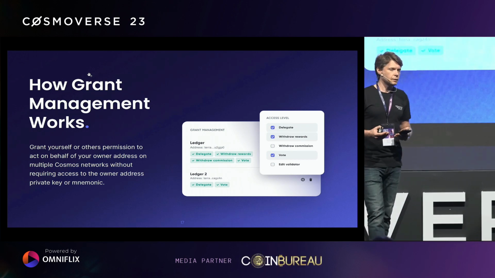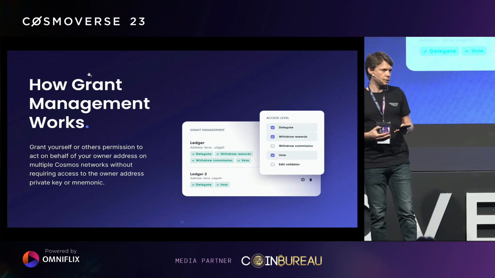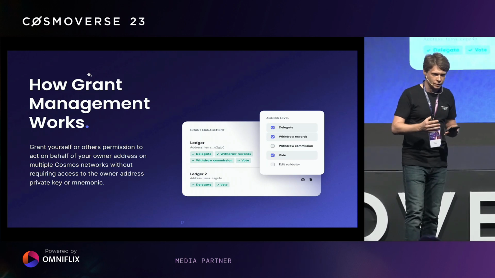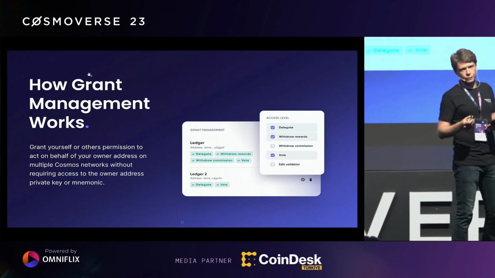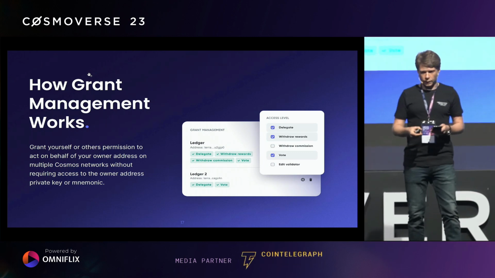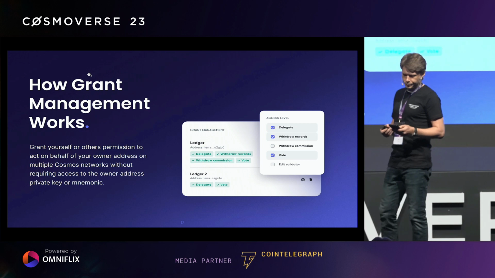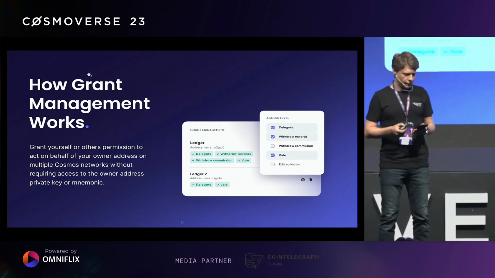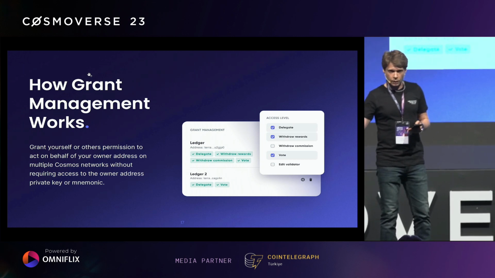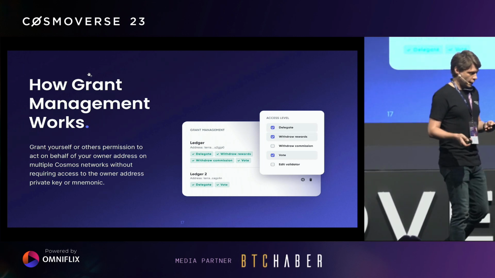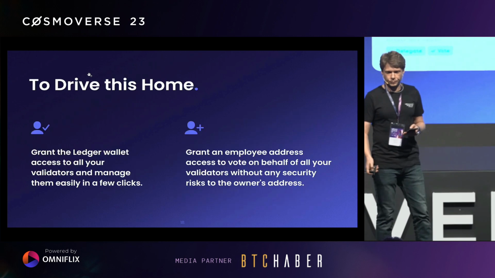How do we achieve that? By utilizing the authz SDK module, I don't know how to pronounce it correctly, with the lesser known fee grant module, again from the Cosmos SDK. So basically, you're given permissions to that ledger, and you perform all these tasks.